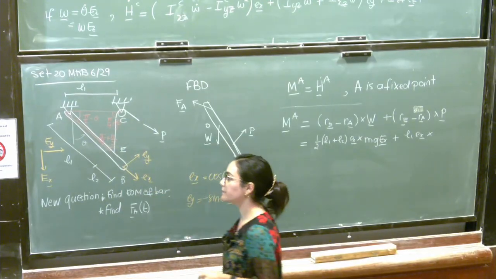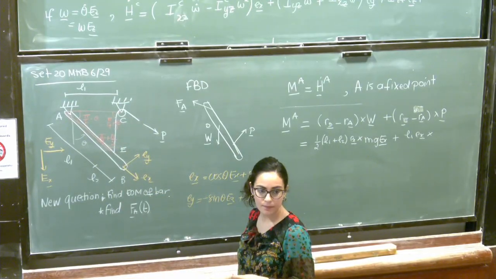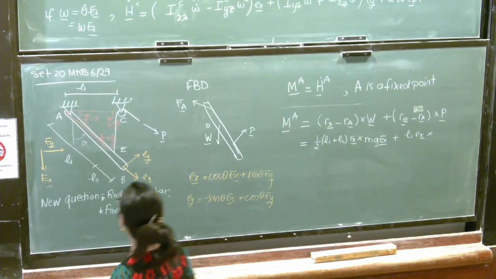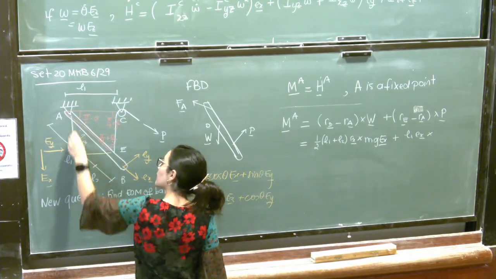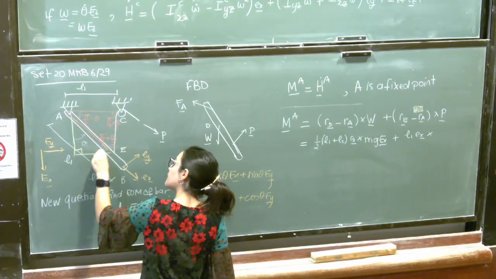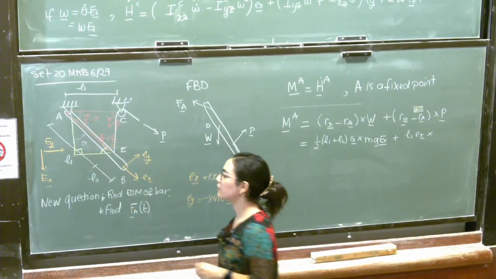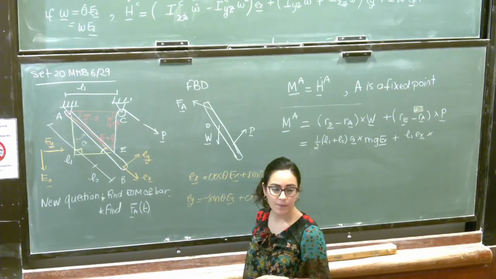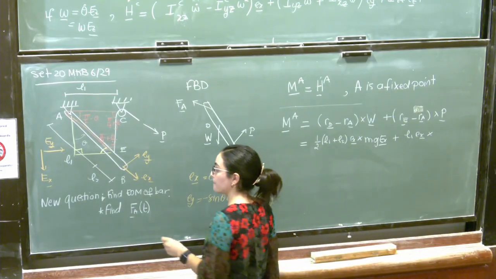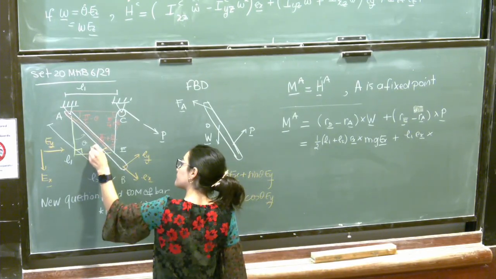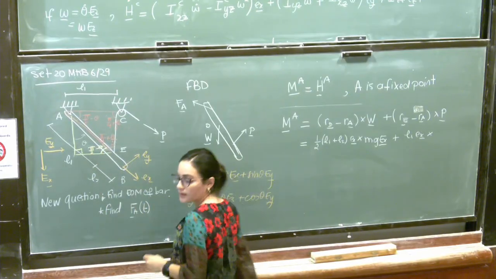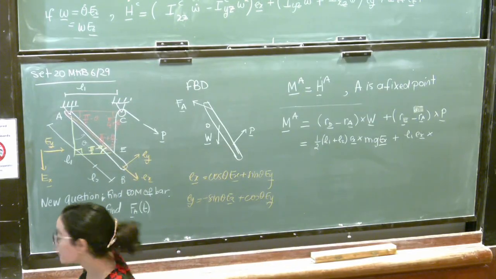Right? And then here in this triangle, that's a right triangle, right? Correct? What is this angle? So then what does this angle become here?